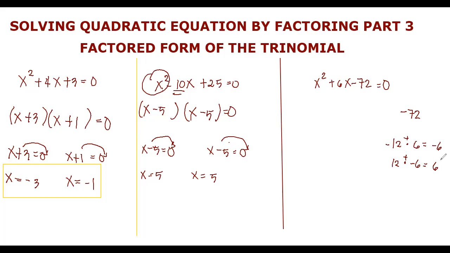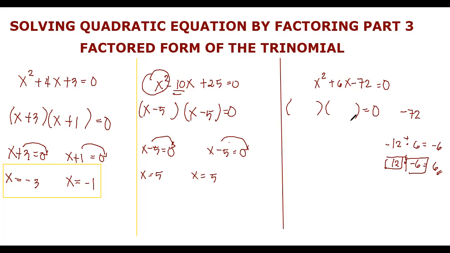So, saan po dito yung kapareho ng ating middle term? Is it negative 6 or 6? Okay, so right, this is positive 6. So, ibig sabihin, yung factor po na kukuhanin natin is positive 12 and negative 6. Okay, so we need to write it here, then don't forget to equate it to 0.